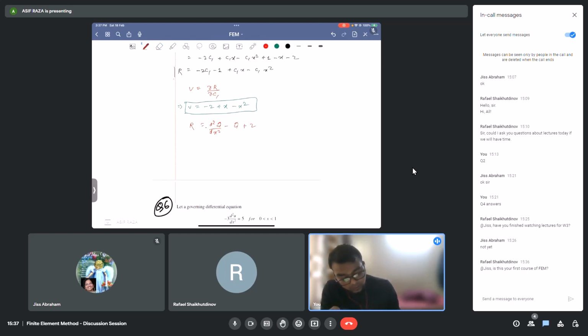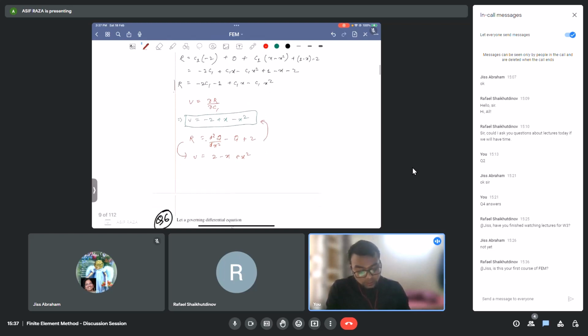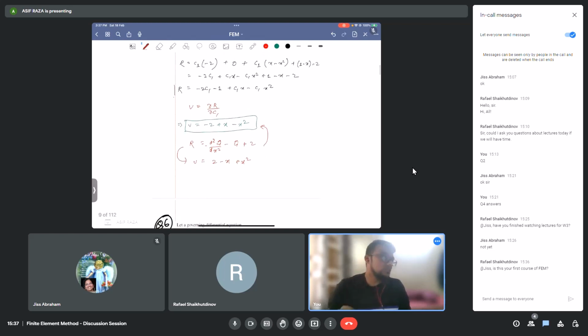That would have given me the answer. According to this, it will give me plus 2 minus x plus x square. So that is not much different, but just to give you one understanding. Okay, is this clear?